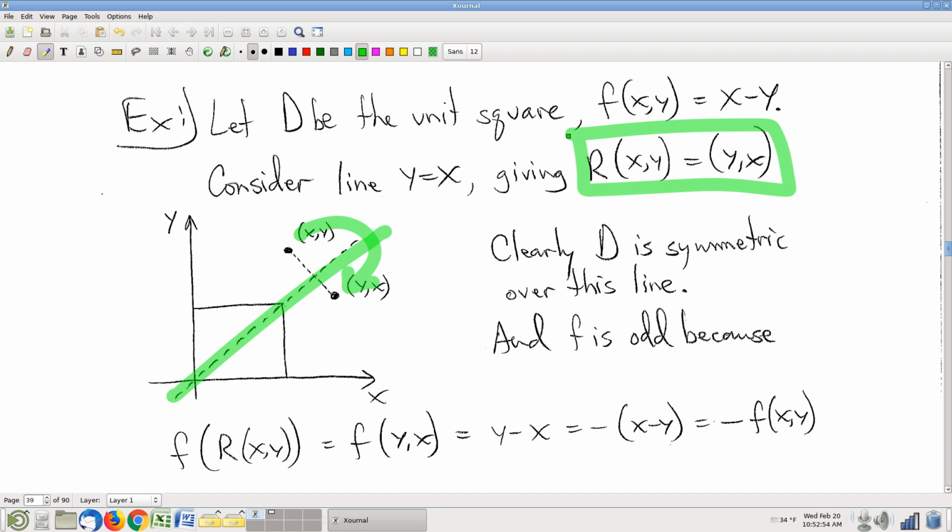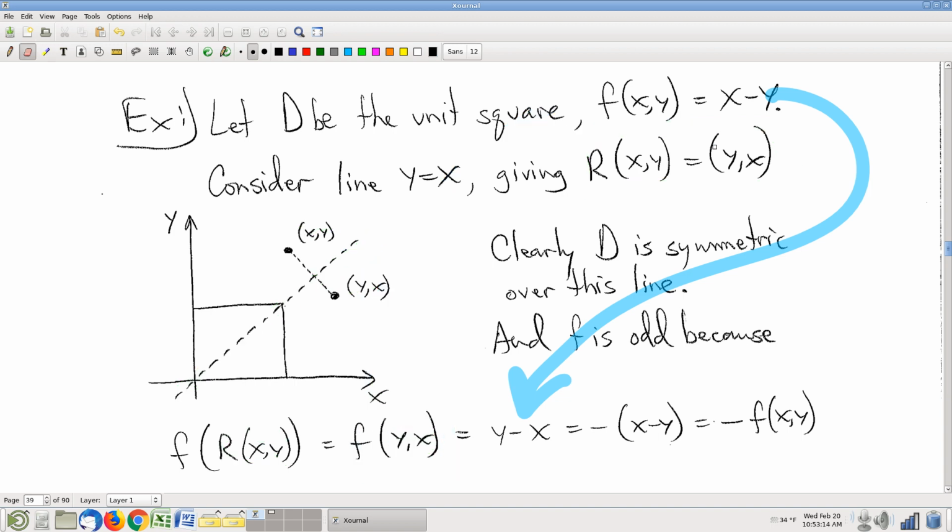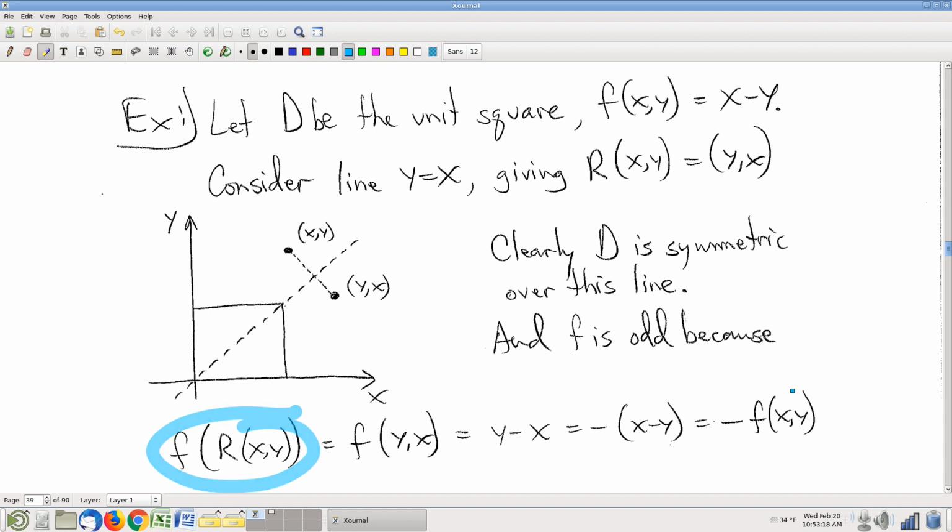You can take that formula for the reflection and directly compute the value of the function there. And in fact, as required, the value of the function at the reflection is the negative of the value of the function at the original point. There's that oddness.